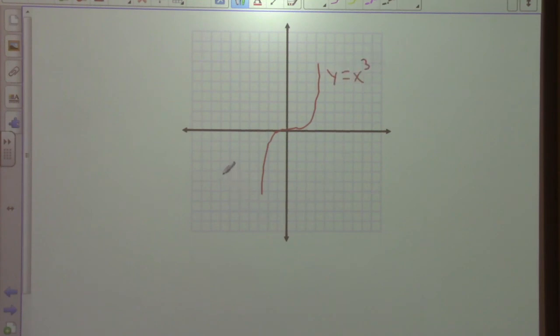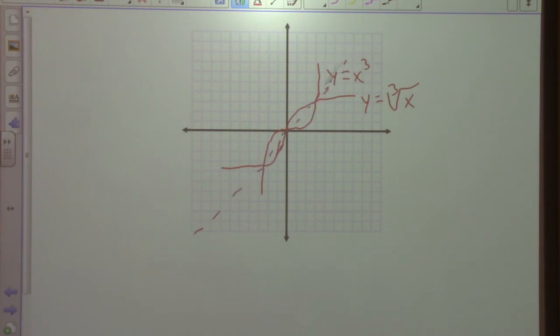Now the inverse function for that goes like this. And this one is going to be y equals cube root of x. But do you see that these things here reflect about this line y equals x?